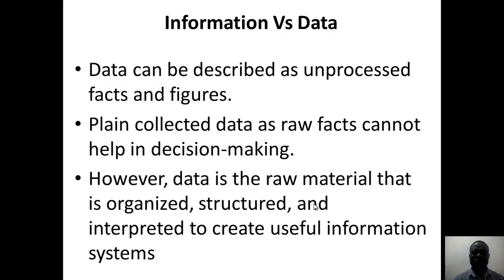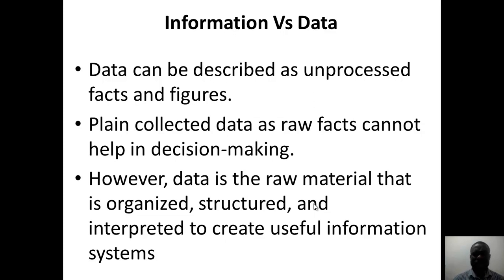So plain collected data as raw facts cannot help in decision making. If you take data to the bank manager that today this is what the deposits and withdrawals are, he asks you, what should I do with it? It doesn't provide him much.